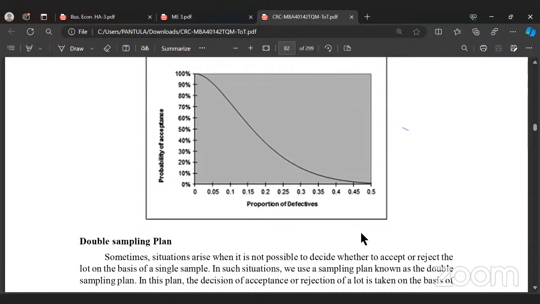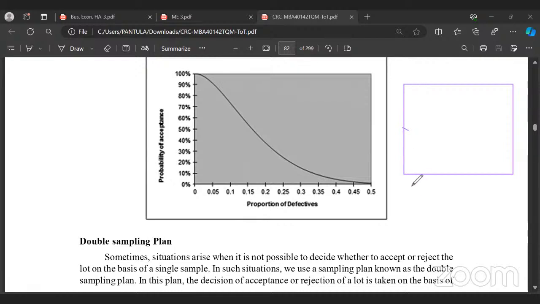Now for this, I am going to draw one kind of chart here. Now you can imagine this is the thing.